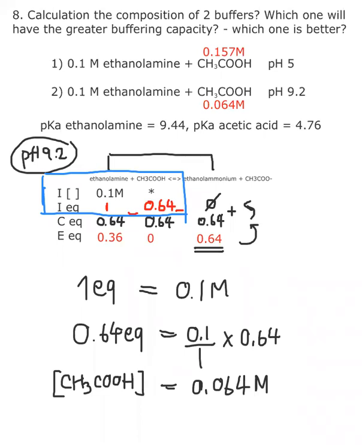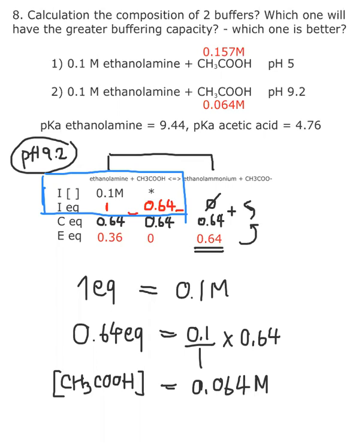So now we got the answer for these questions. To calculate the compositions of the two buffers, we have already calculated the concentration of acetic acid in each of these two buffers. It is different because these two buffers give you different pH.